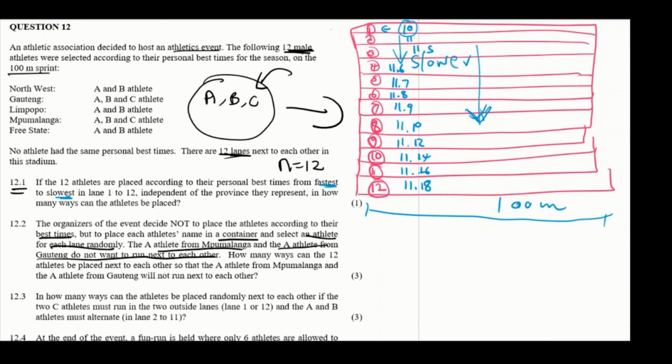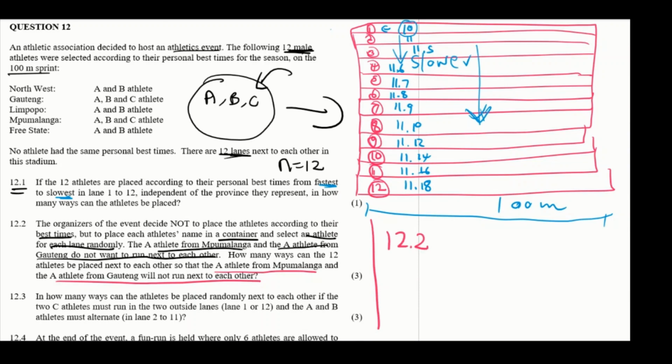How many ways can the 12 athletes be placed next to each other so that athlete A from Mpumalanga and athlete A from Gauteng do not run next to each other? So I want to know the number of ways at which these athletes are going to run.